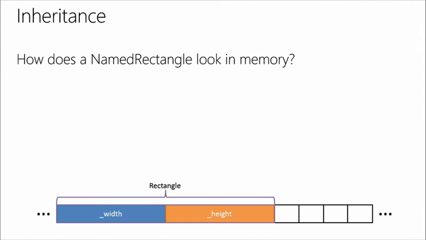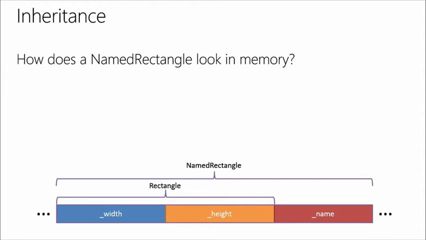So we can take a look at how this looks in memory. If you remember, we had our rectangle object that has a width and a height, and our named rectangle is basically the same. It has a rectangle, which is called a base class subobject because it's a piece of the whole, and it comes from a base class. And then it has an extra name, a data member, which we've called a member variable.